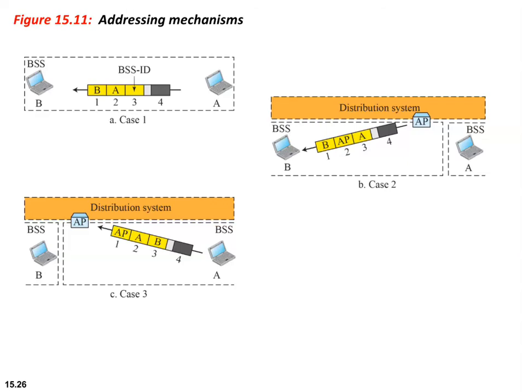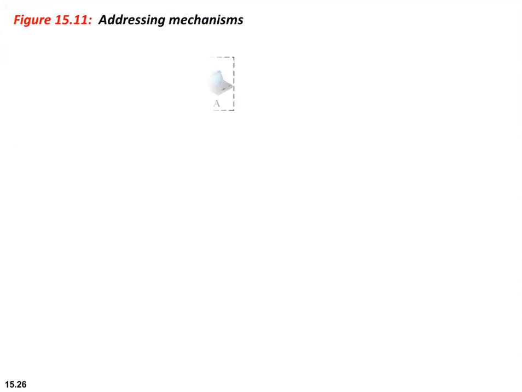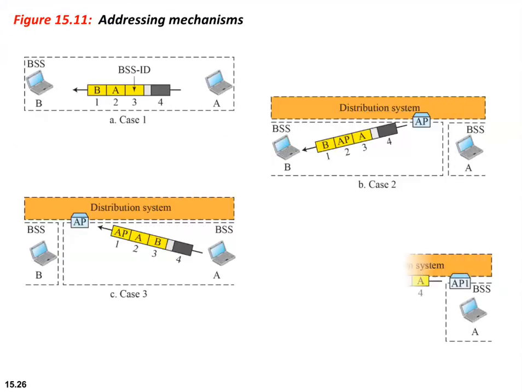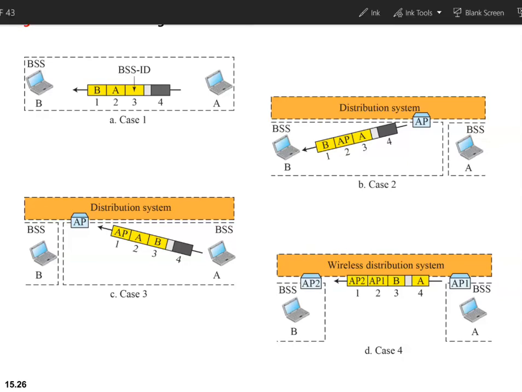And the last case is case 4, where To DS is 1, From DS is 1, where address 1 is the receiving AP, address 2 is the sending AP and address 3 is the destination. So in case 4, it is a wireless distribution system, that is from one BSS to the other BSS through the access point.